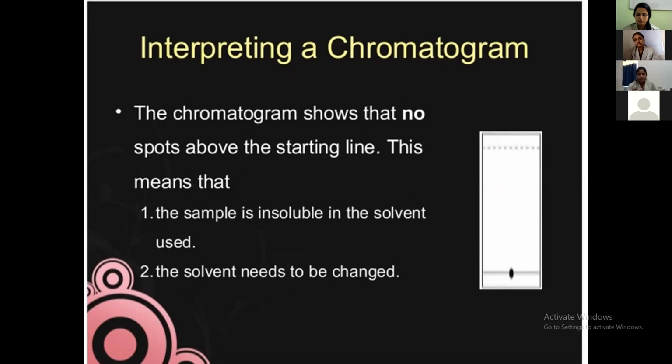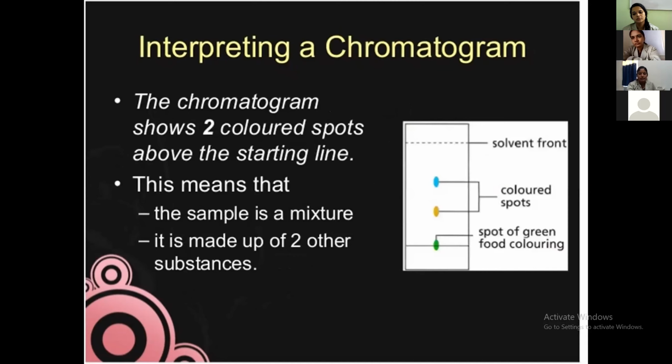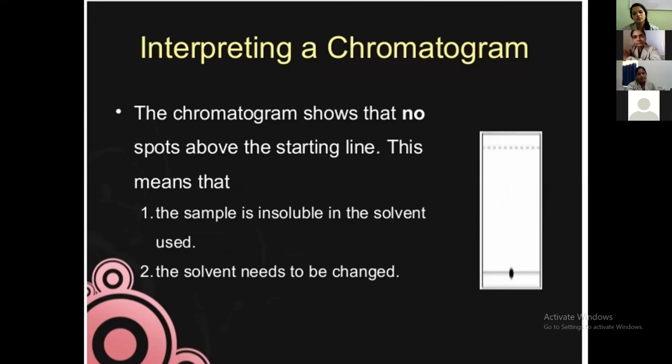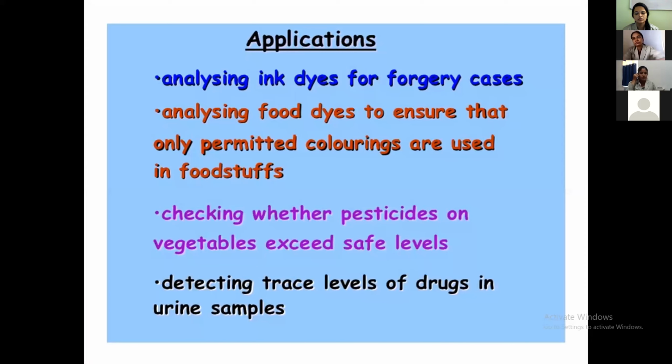That is, it will be seen as plain paper, and the sample is insoluble in the solvent used and the solvent needs to be changed. These are the interpretations of a chromatogram: two colored spots, only one black spot, and no spots.